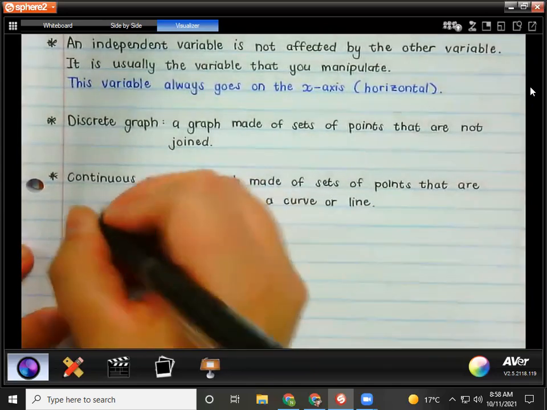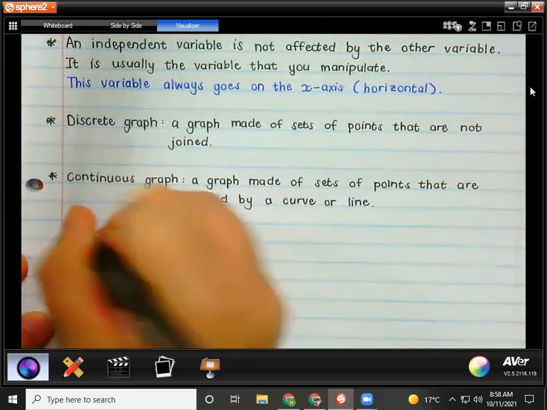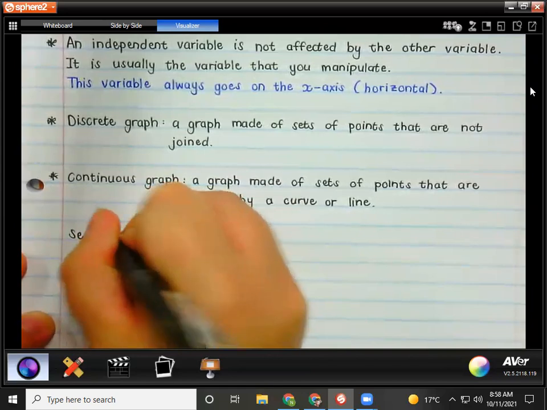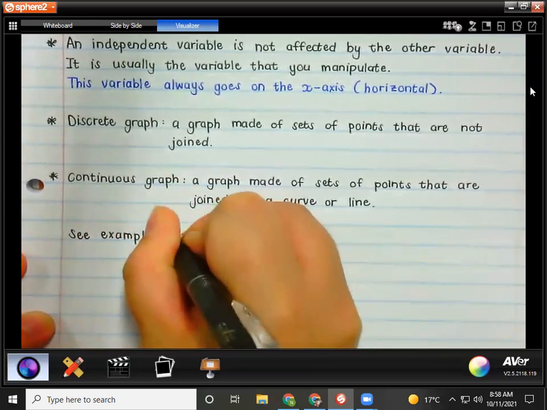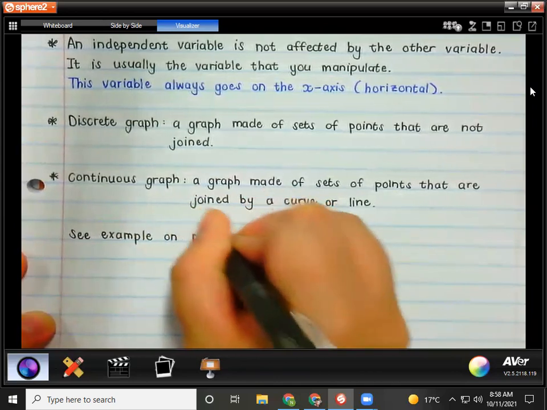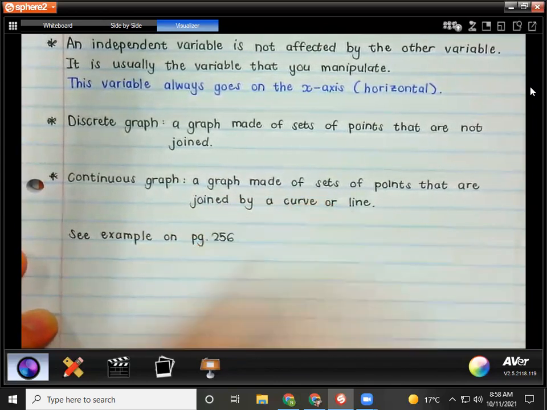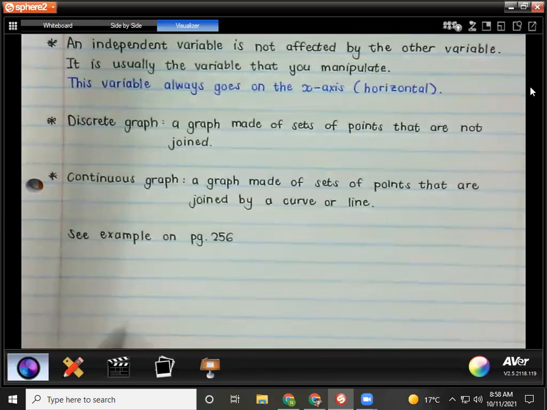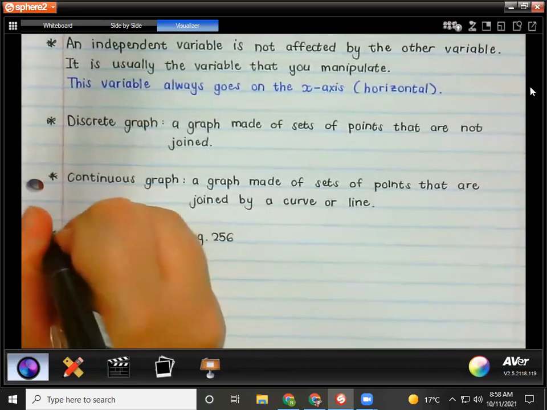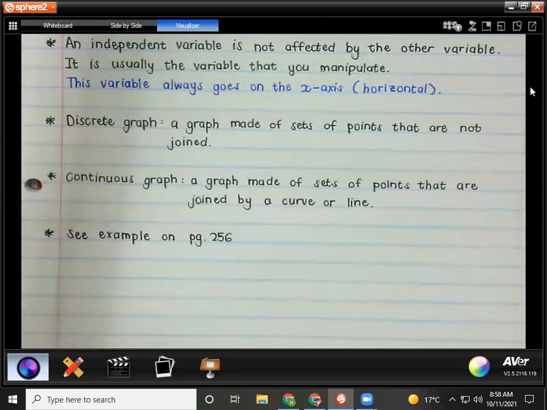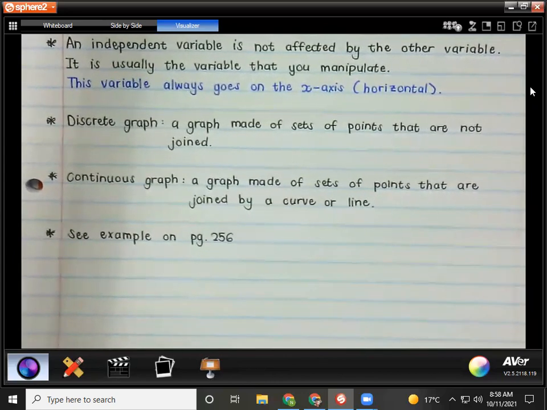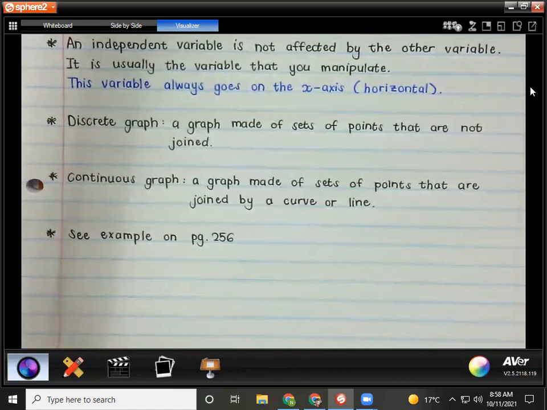I'm just going to write here example C on page 256 because I'm not going to copy the graph. But if you want to look back at it, it is on that page. It's quite simple, I don't think you guys will need to look back at it, but we'll see.